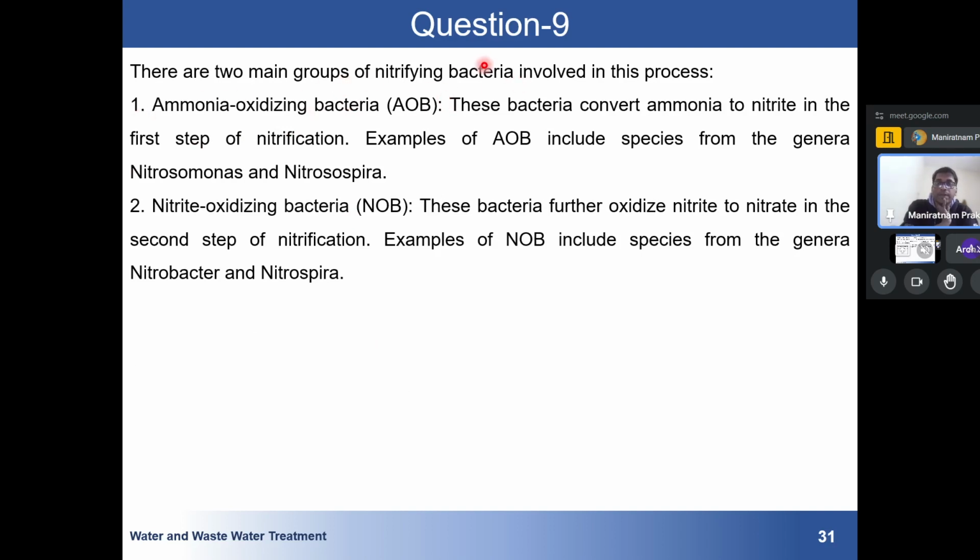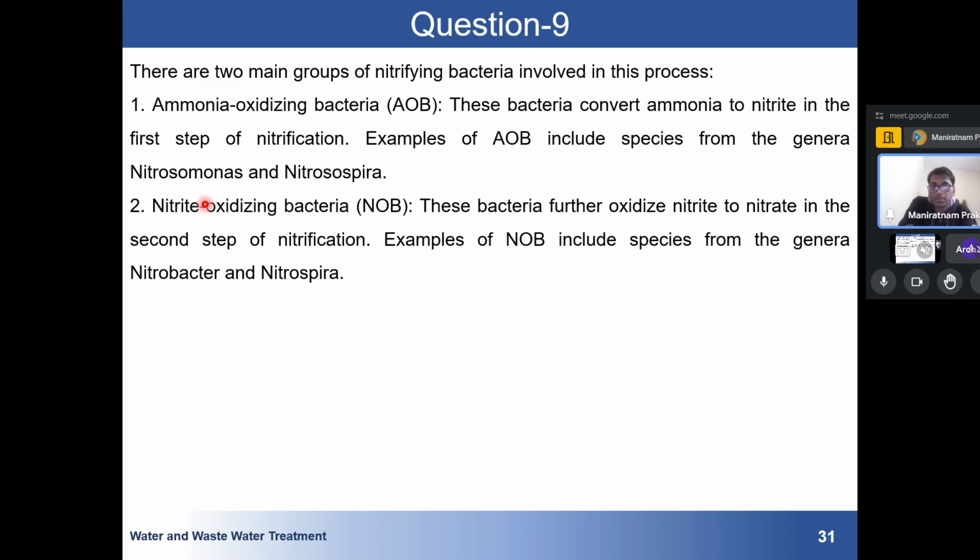The two main groups of nitrifying bacteria involved in the process are, first, ammonia oxidizing bacteria. These bacteria convert ammonia to nitrite in the first step of nitrification. As in the nitrogen cycle picture, ammonium nitrogen is converted into NO2 minus. Examples of AOB are the genera Nitrosomonas and Nitrosospira. Remember these names, because nitrogen cycle questions are very common in competitive exams or in any viva.